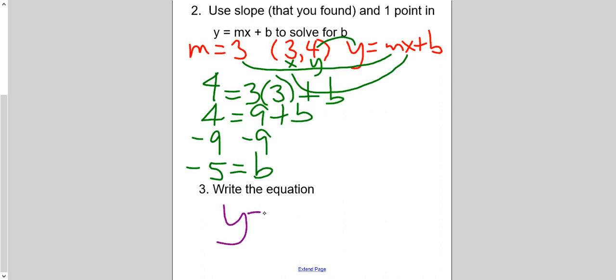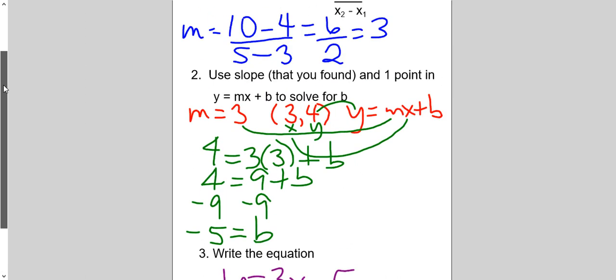So our equation, of course, is y equals slope, which is 3x, and then minus 5, which is our y-intercept. Okay, so it's always going to be these three steps in order to figure out what your equation of the line is.